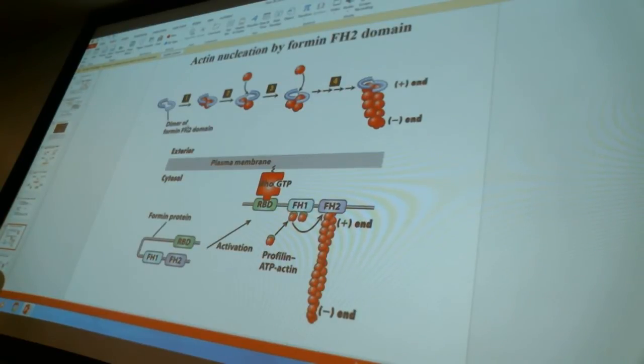So here, I would like to talk a little bit more about the role of formin. As I mentioned before, formin helps to initiate nucleation of actin filaments. And if we look at the structure of the formin, it's a so-called multi-domain protein. These domains serve basically to accommodate various functions and also to create interaction sites.